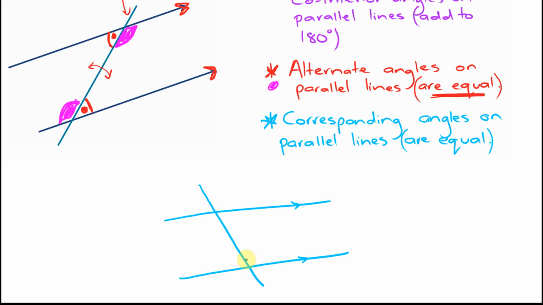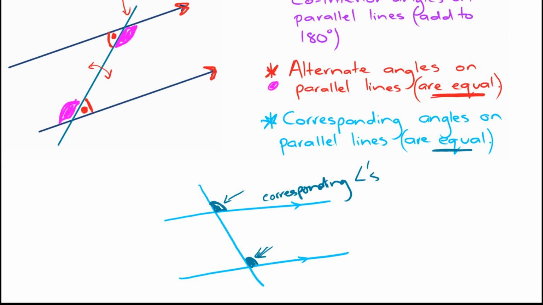So if I identify this angle here, if I go to the other parallel line, the angle that is corresponding with this one is this angle here. So that angle here corresponds with this angle down here. So they are called corresponding angles. And they are also equal. They are equal. So corresponding angles. And we call them corresponding angles on parallel lines.